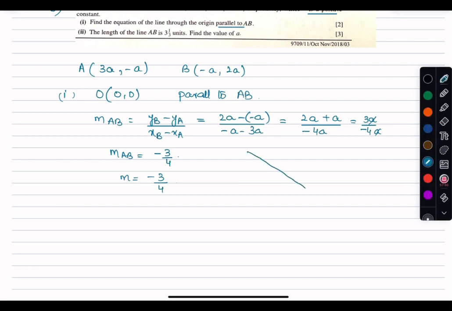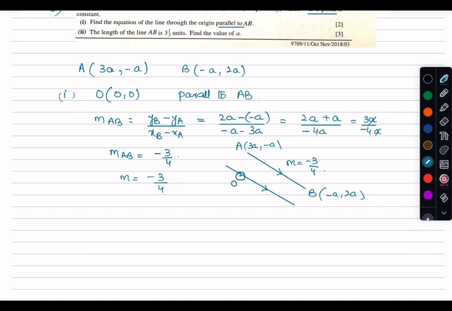So with A as (3a, negative a) and B as (negative a, 2a), and a line parallel to it, both should have the same gradient, which is negative 3 by 4. There is one thing more that we know, that the required line is also passing through the origin.